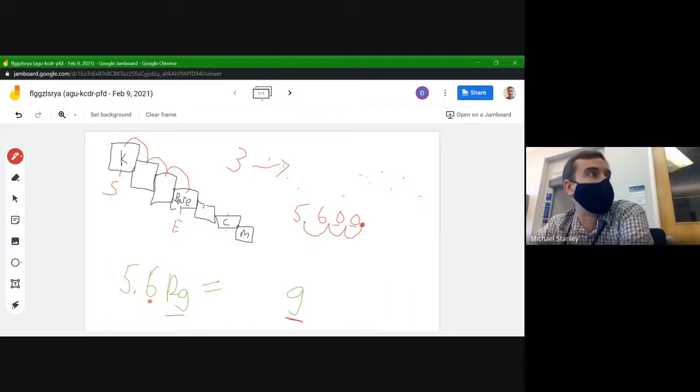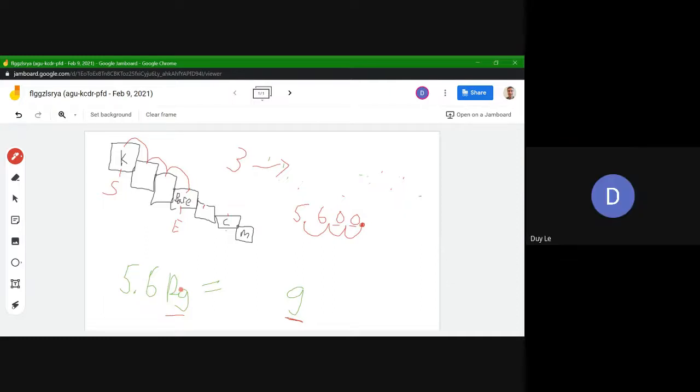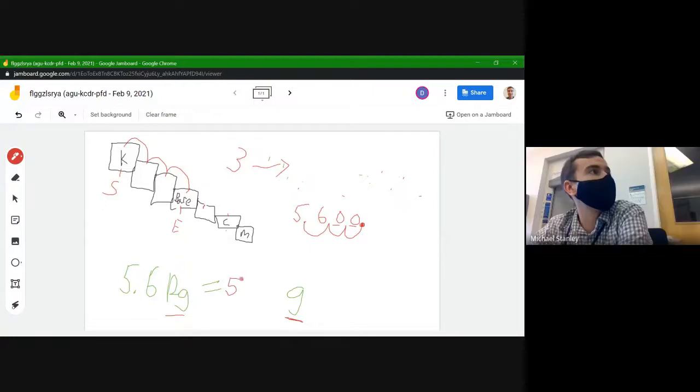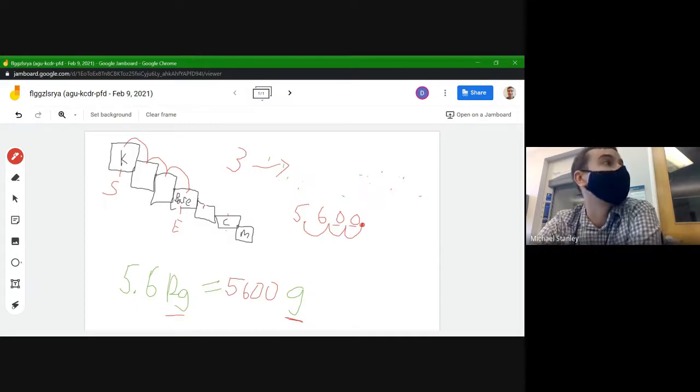So how many grams is equal to 5.6 kilograms? 5,600 grams. Precisely. So 5.6 kilograms is equal to 5,600 grams.